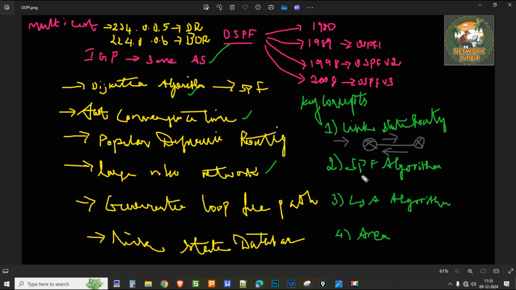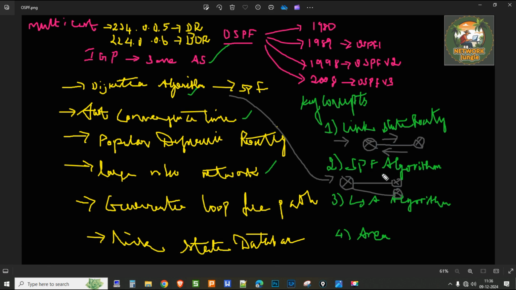Next one is the shortest path algorithm. It uses the Dijkstra algorithm to find the shortest path between any two nodes. For example, if there are two routers on opposite sides, it calculates between the source and destination, and whichever has the lower value, it prefers that route.